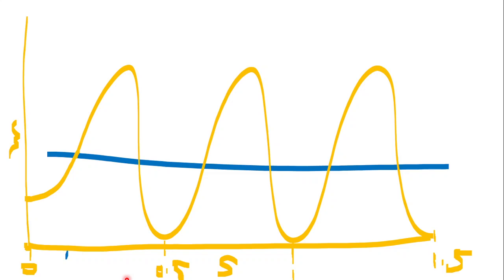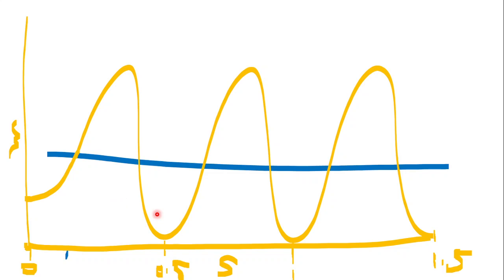Another way to go about it is that we look at the time period of the wave. Now, time period is another property of a wave that we generally talk about, and time period is basically the time it takes for a wave to propagate one complete wavelength.